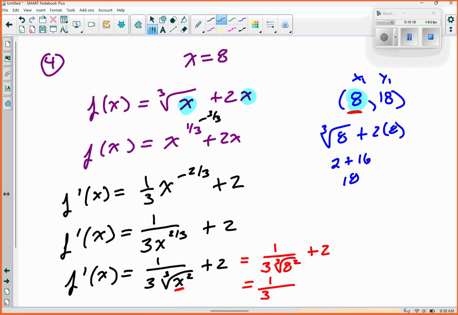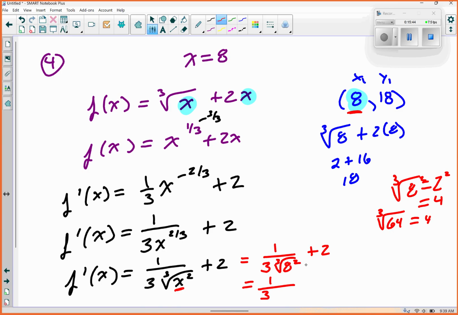I can do the third root of 8 and then square it, or I could square 8 and then take the third root of 64. Both the same answer. The third root of 8 is equal to 2. If we square that, that gives me 4. Or if I did the third root of 64, that's also equal to 4.